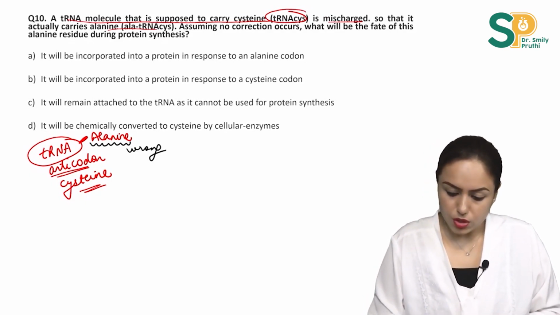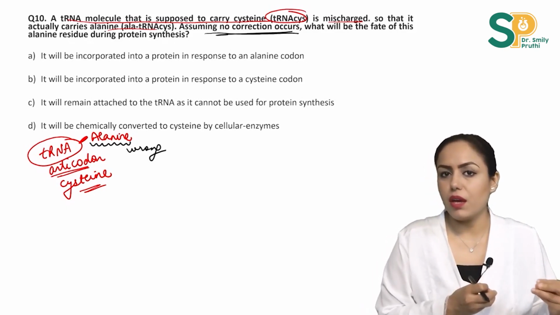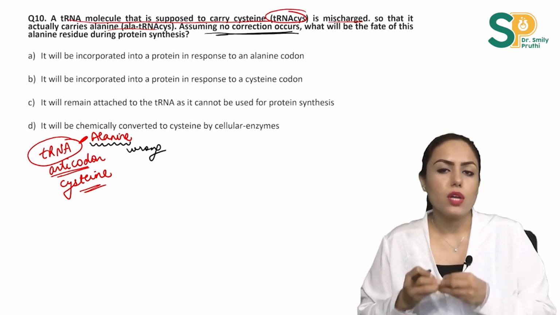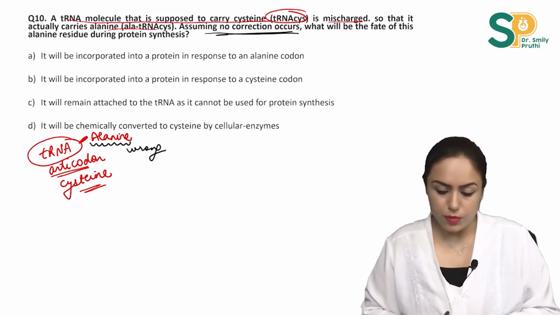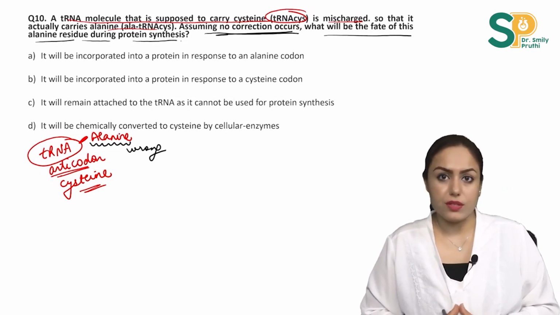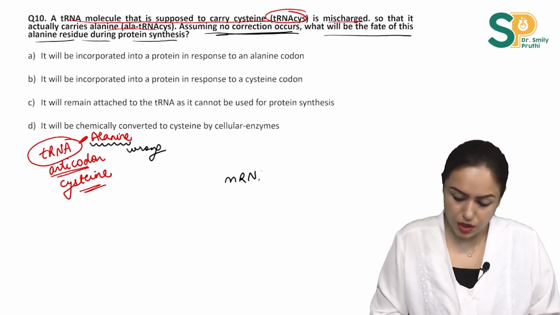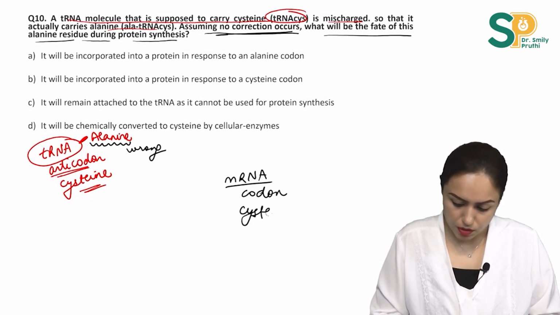Now what is the question? Assuming no correction has occurred, this tRNA has gone into the elongation step of translation. So what will be the fate of this alanine residue during protein synthesis? See, during protein synthesis, there must be an mRNA where there is a codon for cysteine.